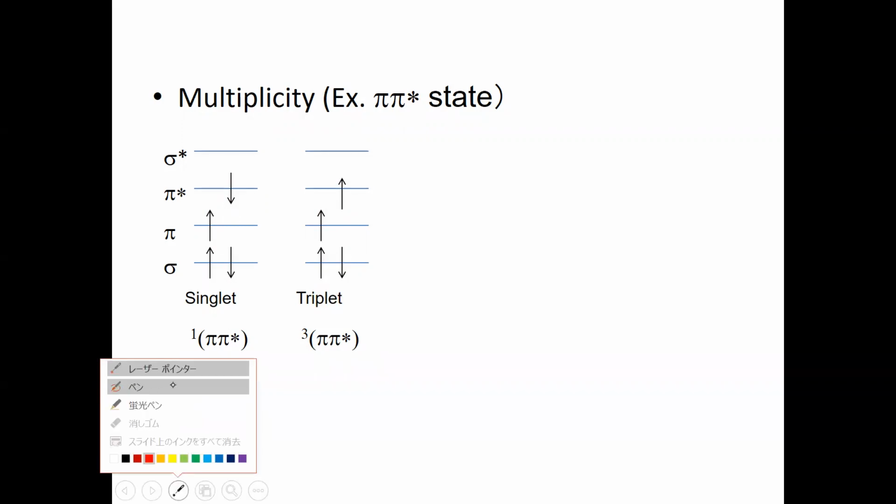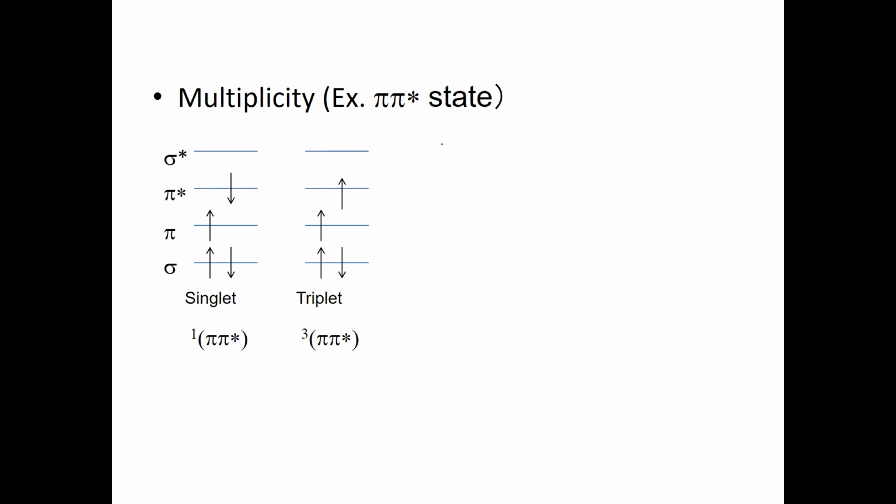This comes from the spin quantum state. As you've already studied, each electron has a spin state, which is 1/2 or -1/2.